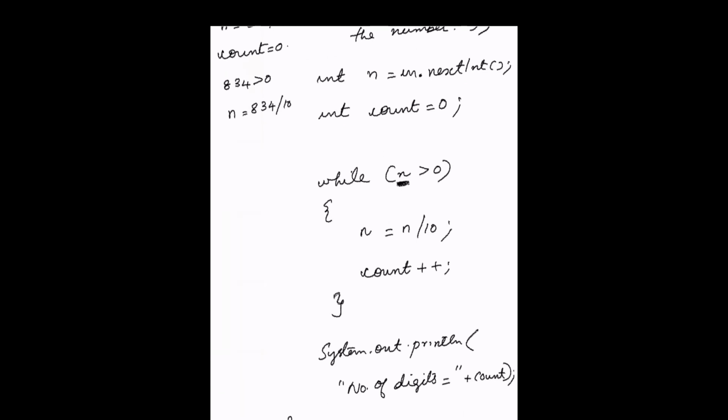Both are integers, so it's an integer division. When integer division happens, the answer is going to be the quotient part. It's not going to be 83.4, it will be only 83. So n is becoming 83. Then you will increment count and the new count will become 1.